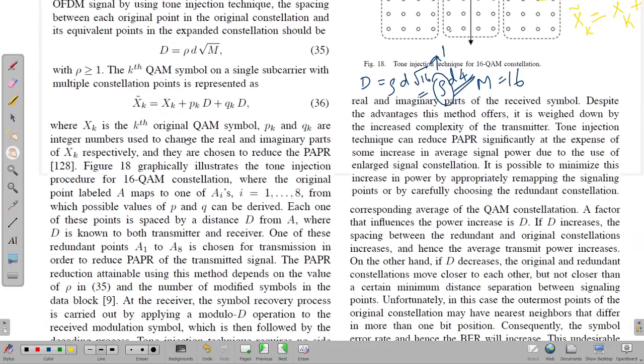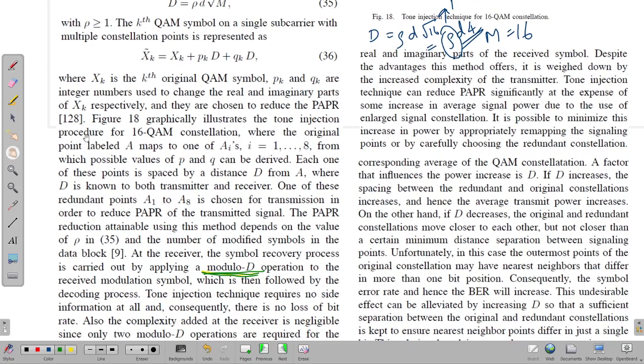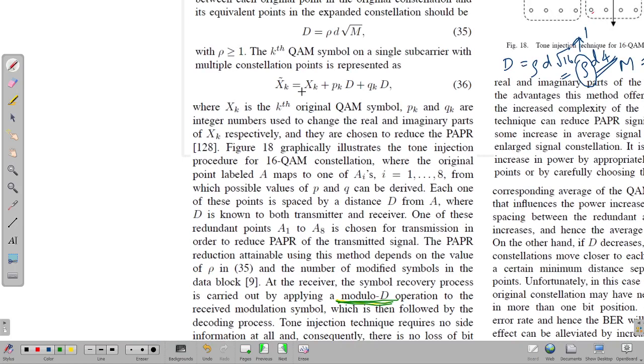You can simply divide x tilde by D; the pk and qk terms will divide perfectly by D, and you have a remainder, which is the result of the modulo D operation.